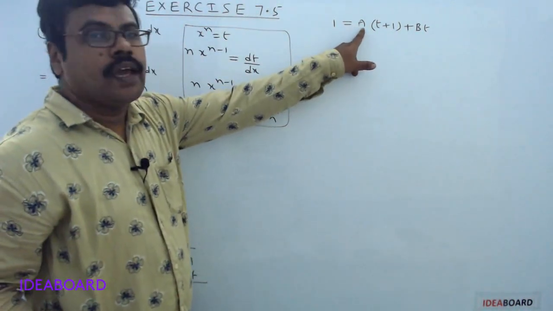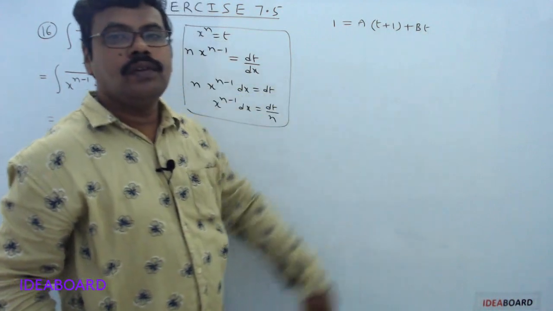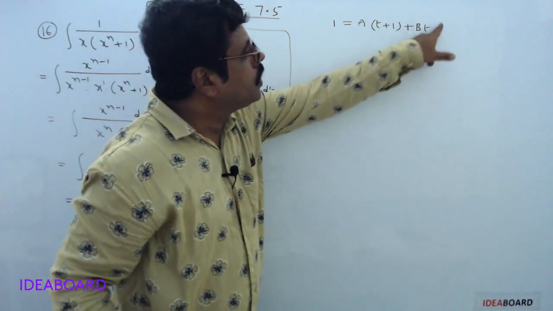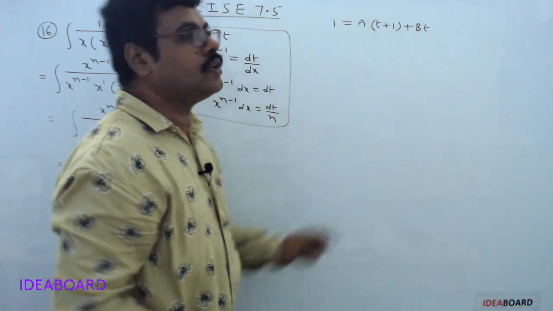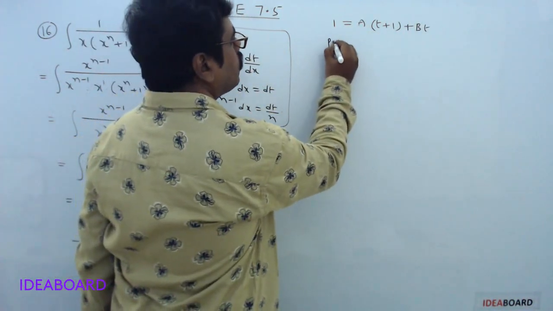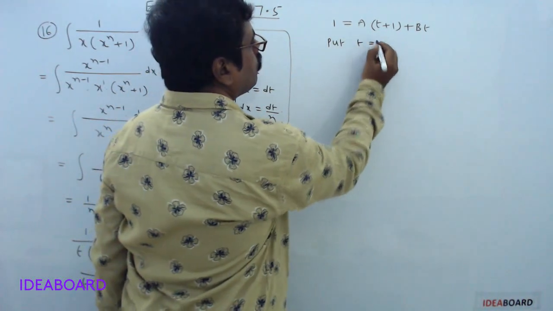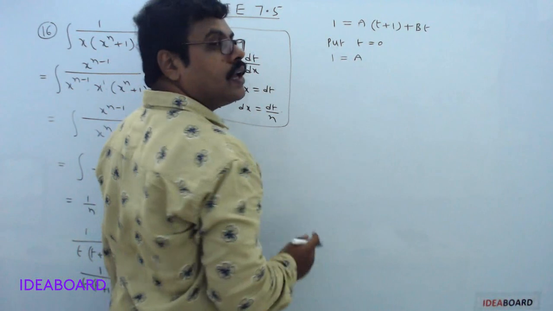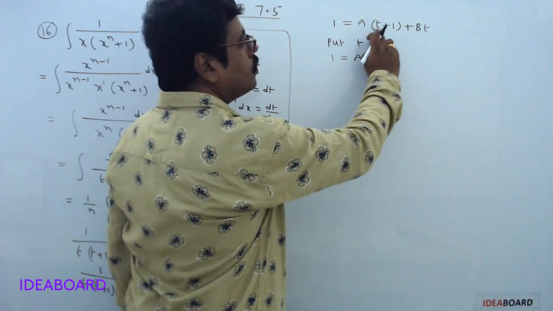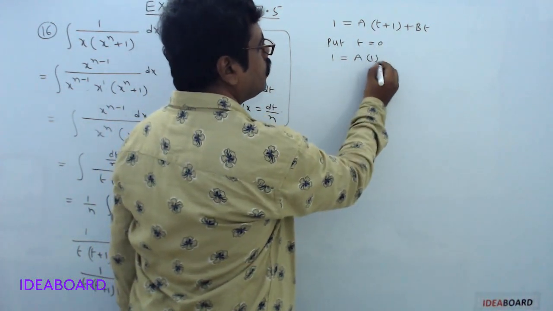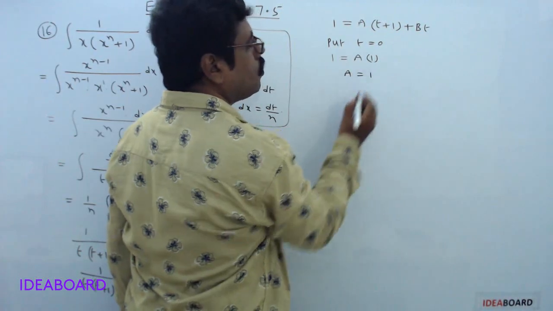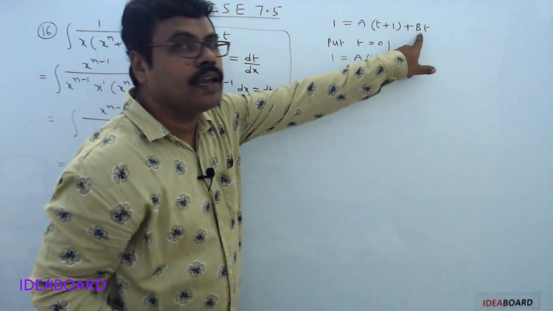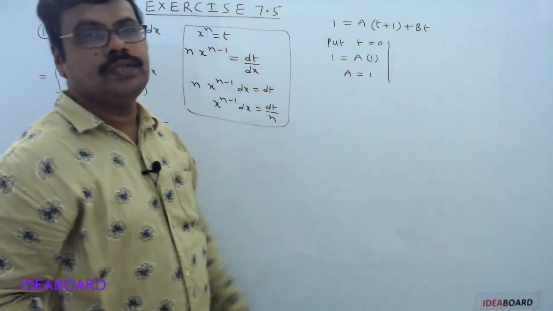To find the value of a, make the other term 0. By substituting t equal to 0, this entire term value will automatically be 0. So write t equal to 0. Substituting t equal to 0, 1 equals a into (0 + 1), which is 1. So the value of a is 1. To find the value of b, make the other term 0.